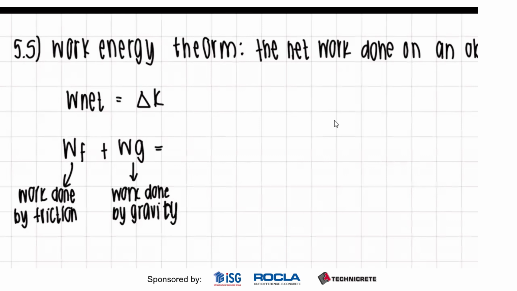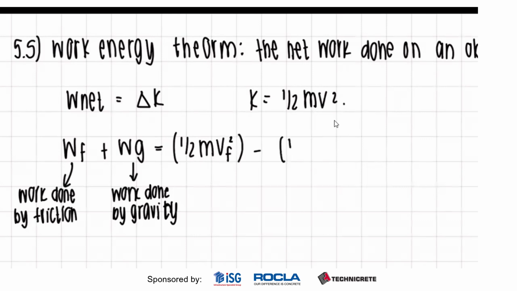And we know that kinetic energy is equal to half mass times velocity squared. Therefore, the change in kinetic energy is equal to half m v final squared minus half m v initial squared.